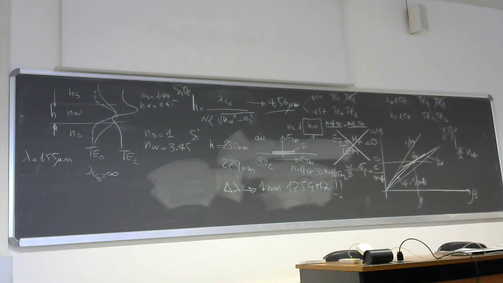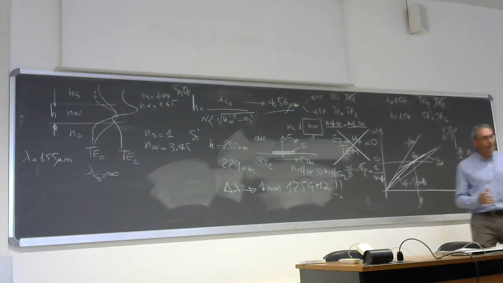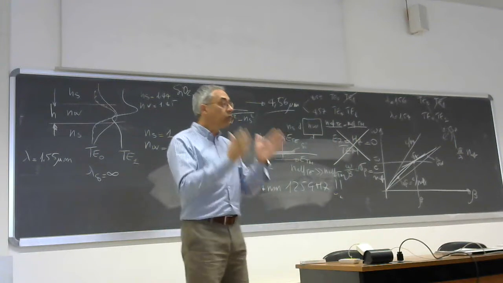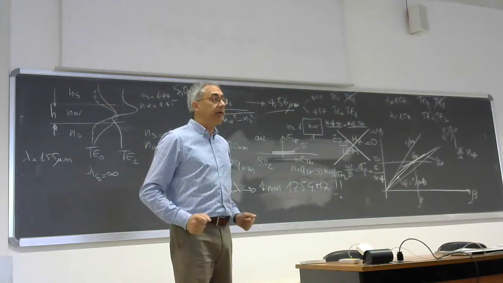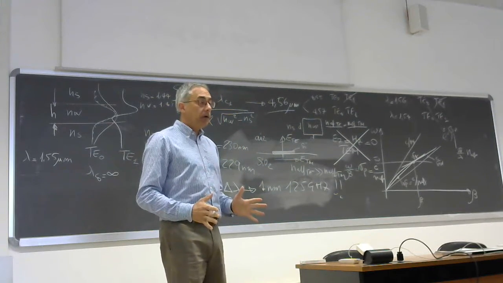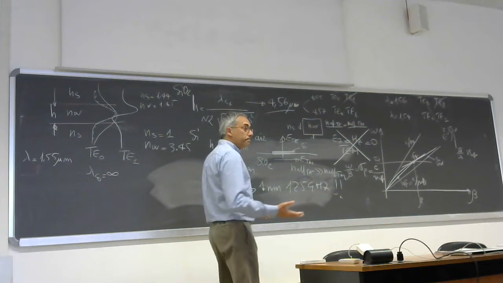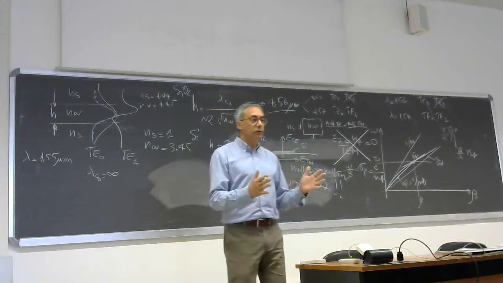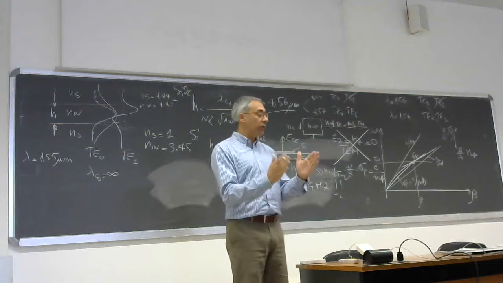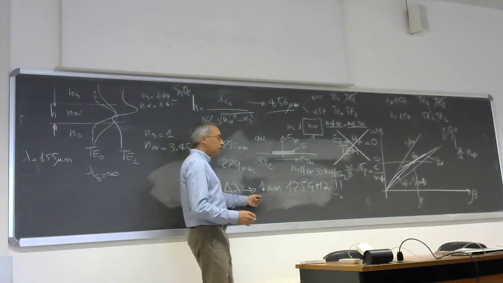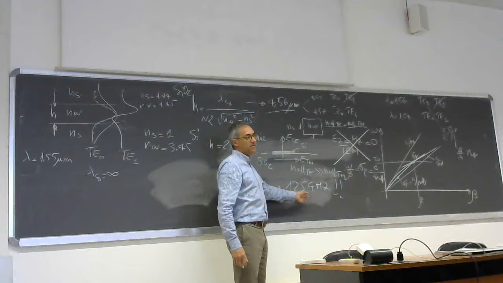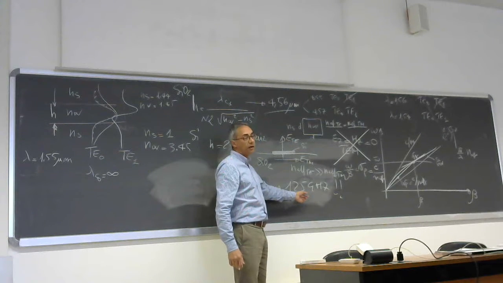So you want to build a filter at one wavelength: you design it, you build it, and if you make this error with technology, shrinking the waveguide by 2 atoms, your filter appears 125 gigahertz away from the position you designed.